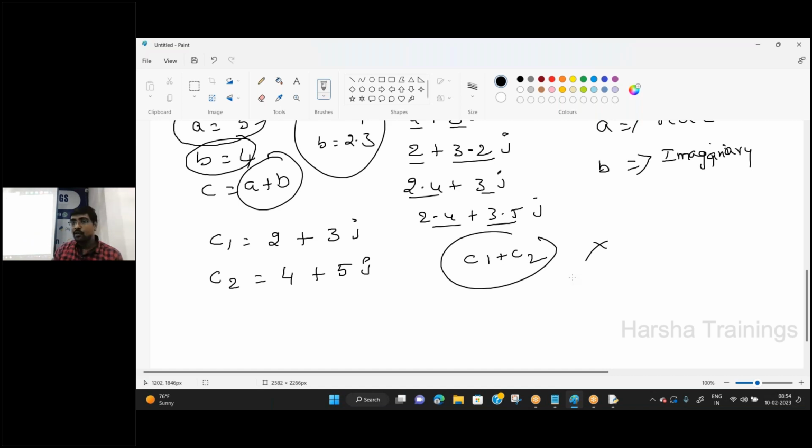Now, what is my question? Obviously, you have to add the real part. You have to add the imaginary part. Now, my question is, how do we get the real part only? Whenever I use the variable C1, the complete answer is displayed. Yes or no? For example, see this one.